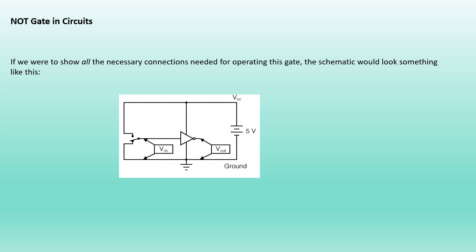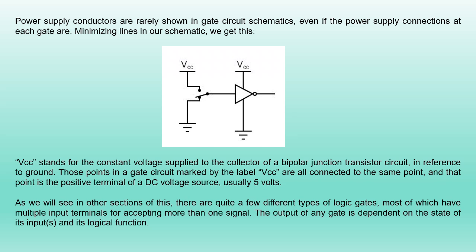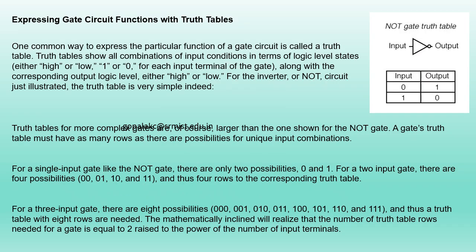Let's see the truth table of the device. The truth table is used to show how a gate behaves. It lists all possible input combinations and the corresponding output. For a NOT gate, there are only two possibilities: input 0 gives output 1, and input 1 gives output 0. More complex gates have larger truth tables.